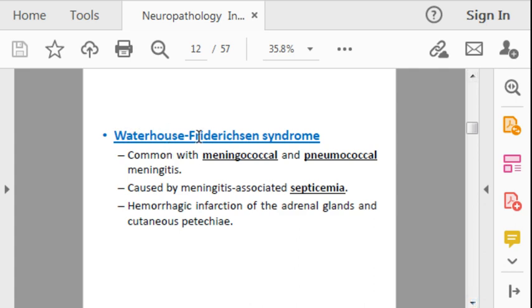We have what's called Waterhouse-Friderichsen syndrome, which is common with meningococcal and pneumococcal meningitis. It is caused by meningitis-associated septicemia, hemorrhagic infarction of the adrenal gland, and cutaneous petechiae are the main features.